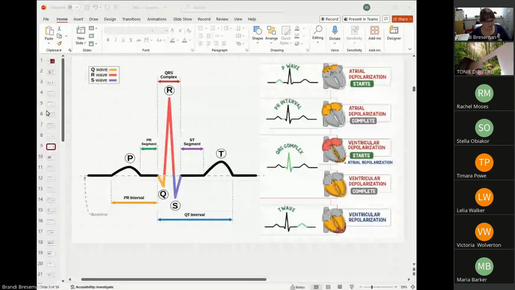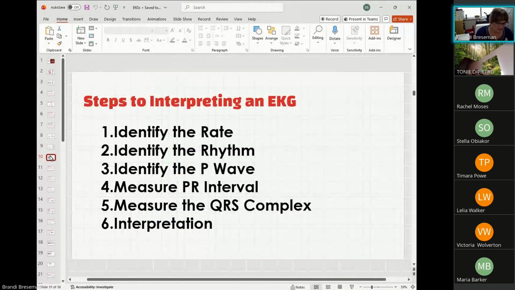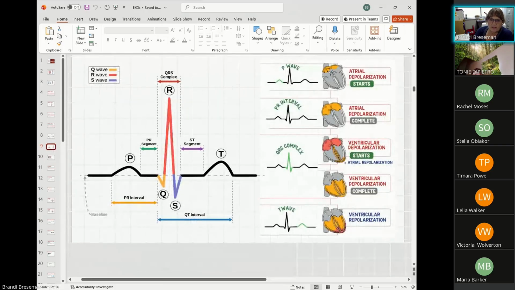Okay, so there is a set of steps that we use to interpret EKGs. The first thing we're going to do is identify the rate. And to identify the rate, if we go back here, right, if we look at our QRS complex, this is ventricular contraction right here. That's what's happening.